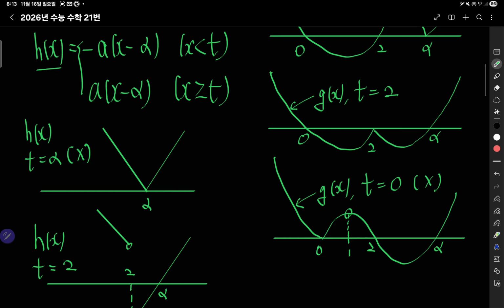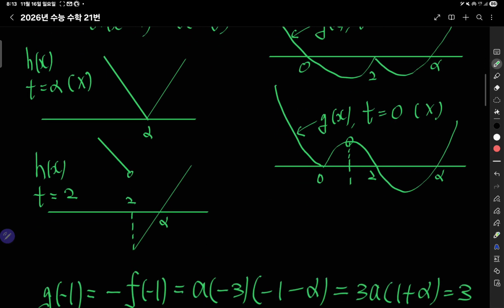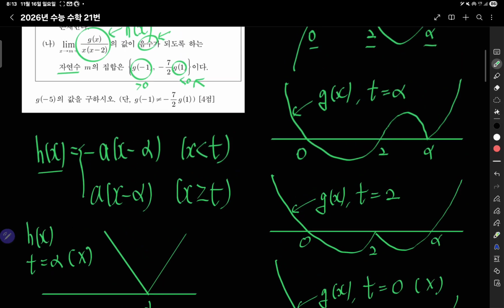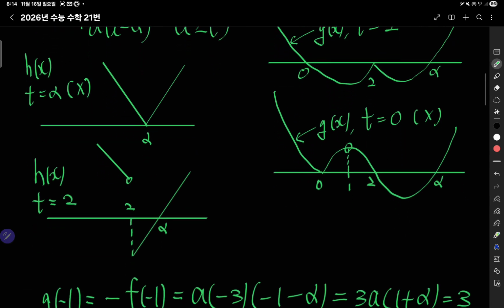So when t is 2, when you think of the graph of h of x, the graph will be reflected at the point number 2. And in this case, there will be two natural numbers which make the limit value negative.